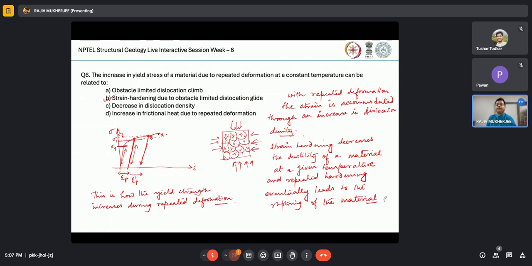So that is how the increase in dislocation density plays a role in strain hardening.